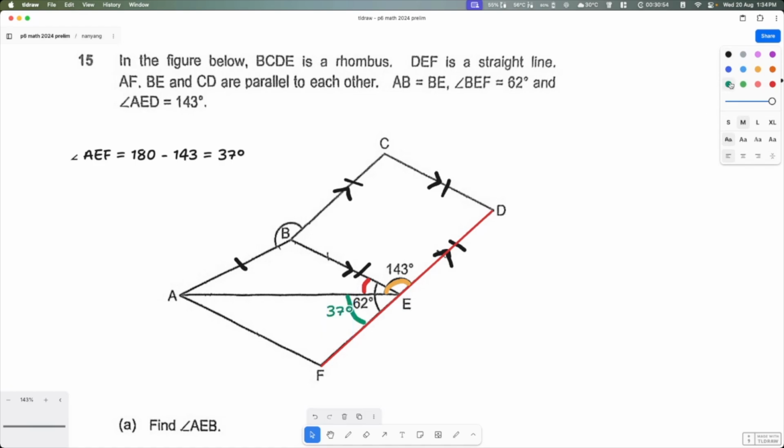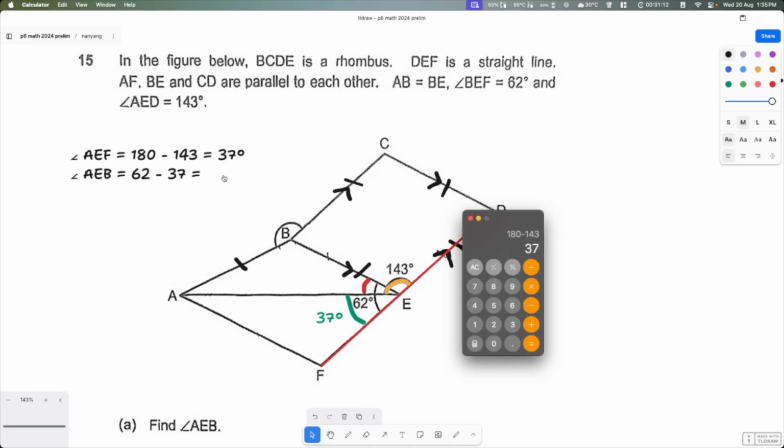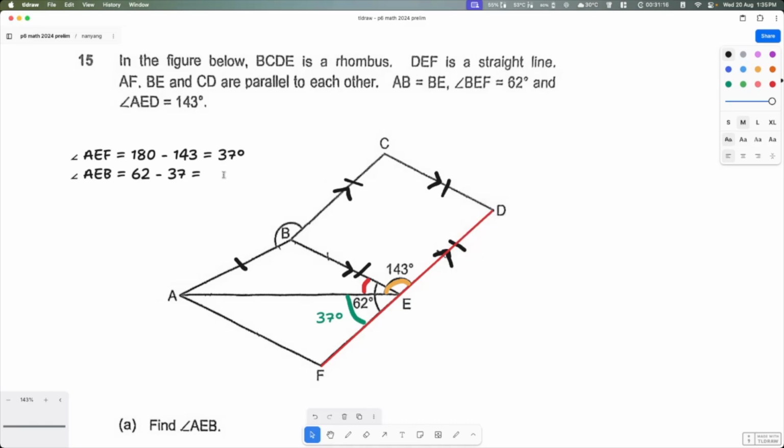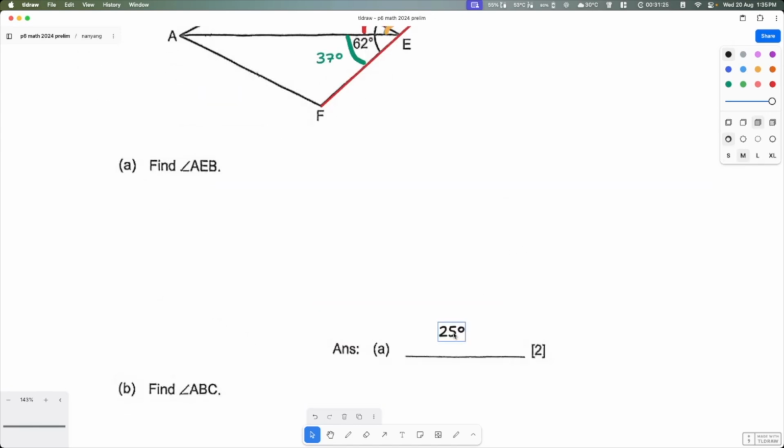Now we can just minus 62 to get the red angle, which is angle AEB, equal to 62 minus 37, which gives 25 degrees. And there you go, that's the answer, 25 degrees. So that's it for part A.